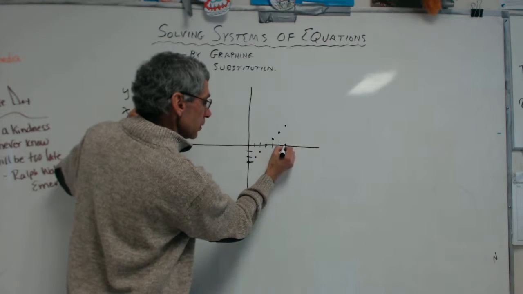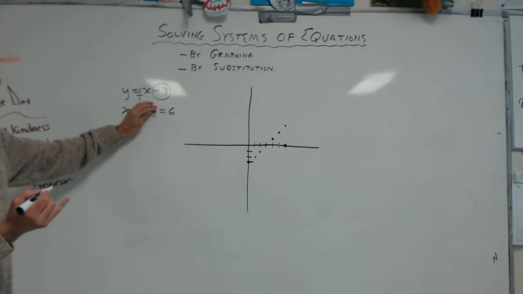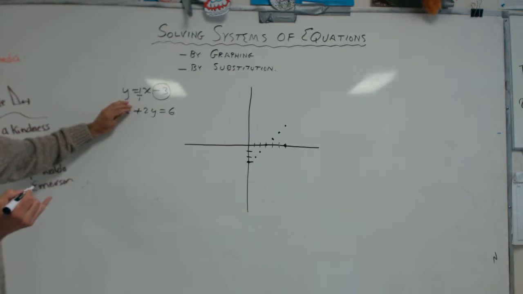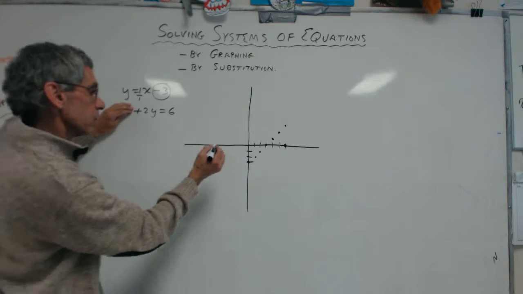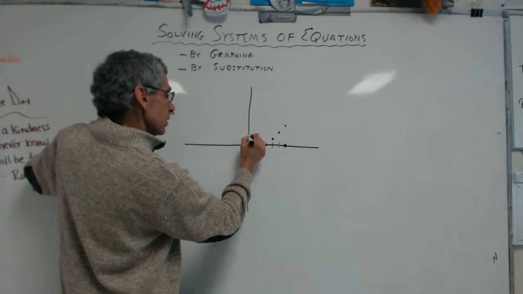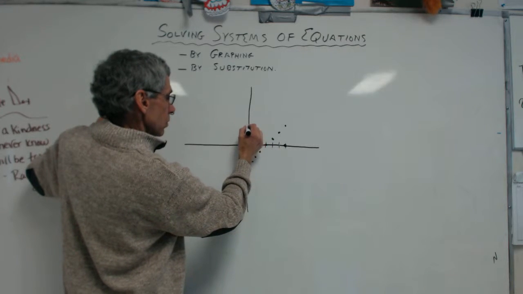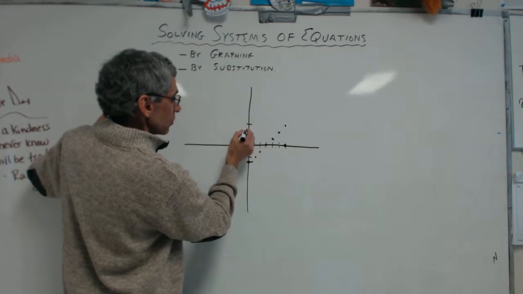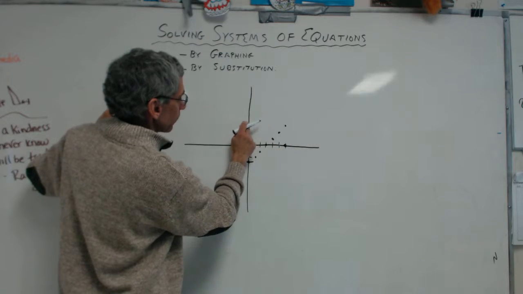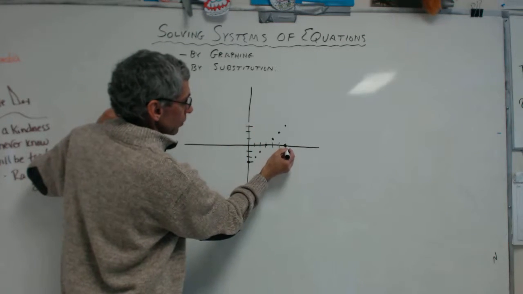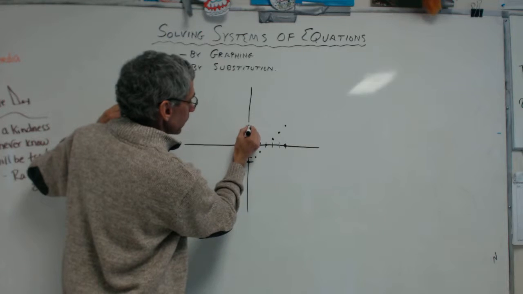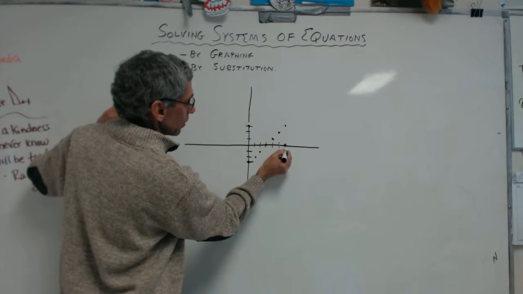There's my x-intercept. Now I'm going to make x 0. Y is 3, positive 3. So 1, 2, 3. Okay, I'm going to draw this line between here and here.